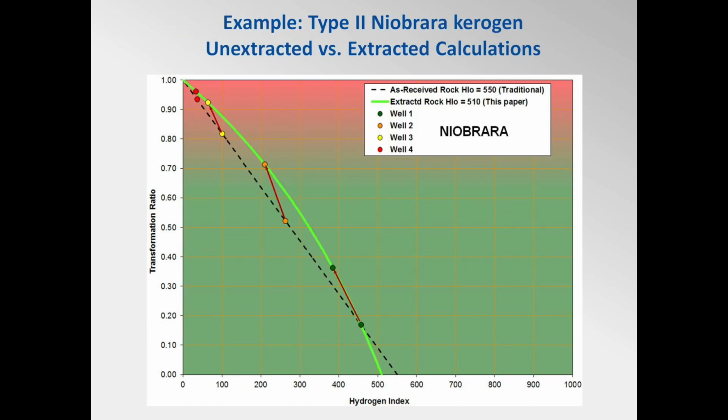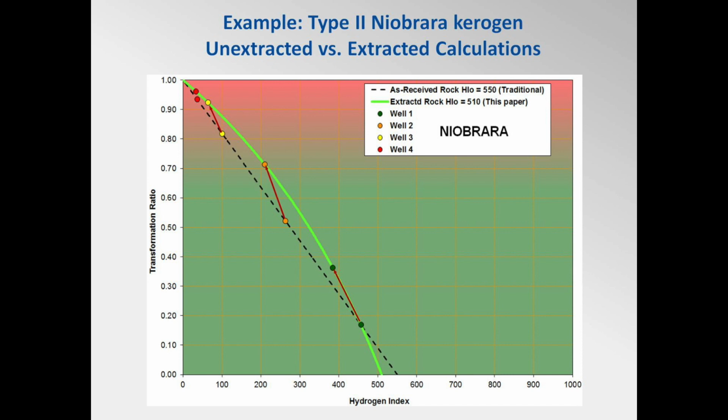We showed that transformation ratios calculated from hydrogen indices from extracted samples are systematically significantly higher than those calculated from unextracted samples. And that means not only do we get a different and more accurate picture of transformation ratio from working with extracted samples, but that it's more optimistic.